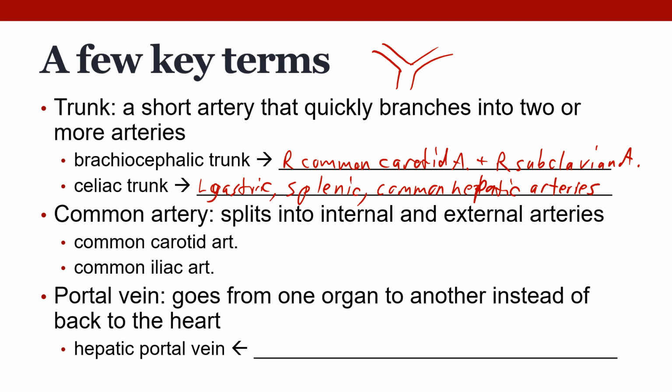Another common bit of terminology is for an artery that splits. If you have a fairly long artery, but then it splits into two smaller arteries, but they're both still going in more or less the same direction, or they both, for some reason, have the same designation, the one before it splits is called common.